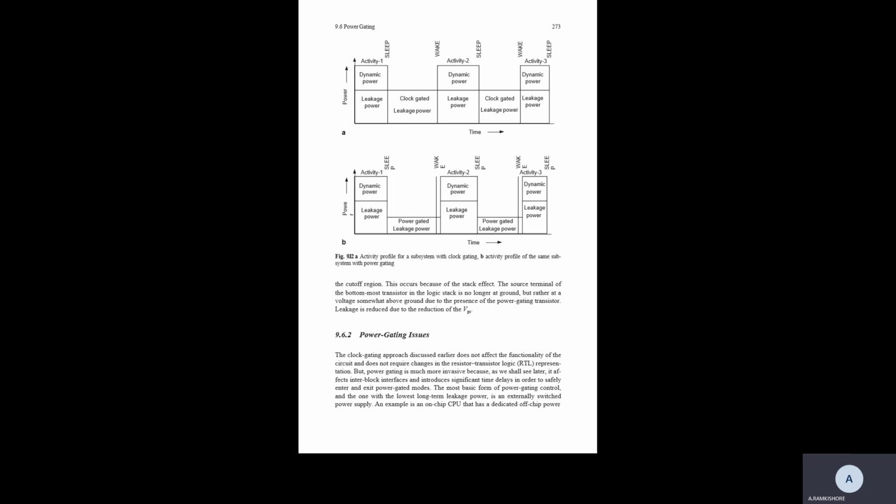Power gating can be implemented without using multiple thresholds, but will not reduce leakage as much as if implemented with multiple thresholds. So this MTCMOS refers to the use of transistors with multiple threshold voltages in the power gating circuit.